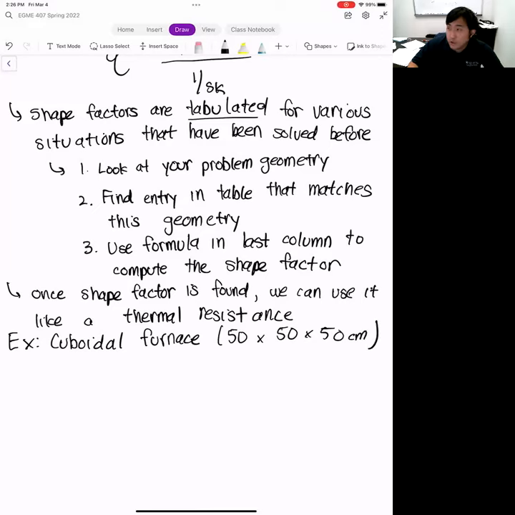The cube has a side length of 50 on each side, so it's 50 by 50 by 50 centimeters, and is made of a type of material called fire clay brick.